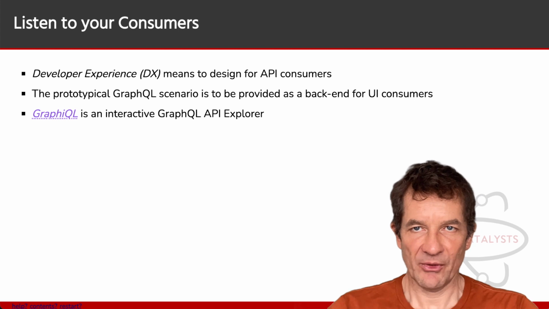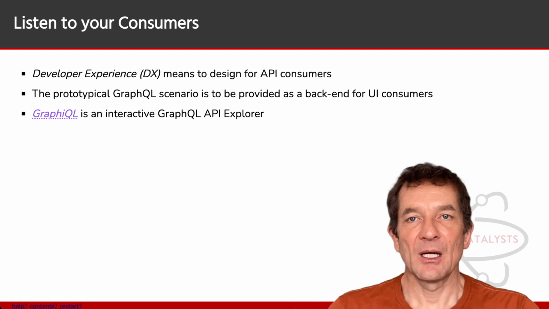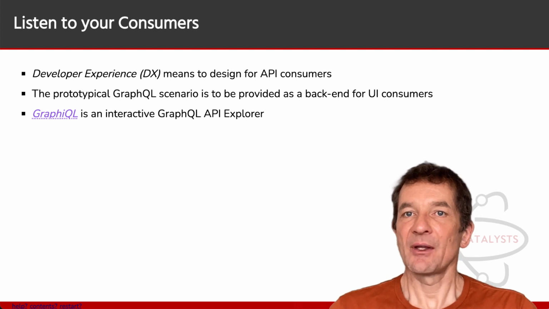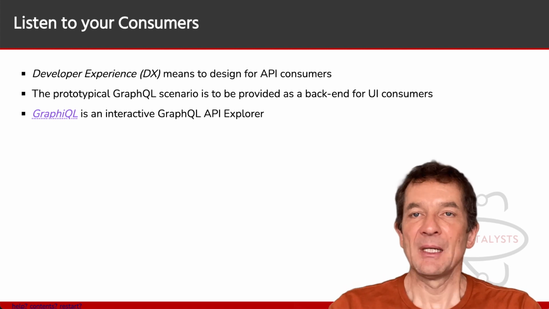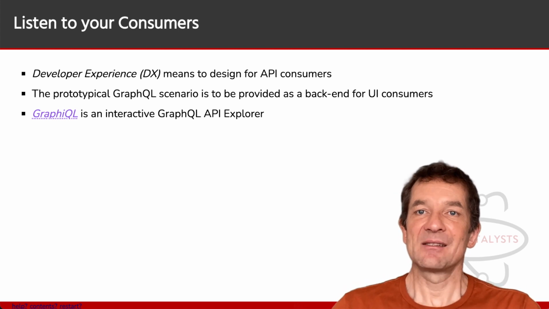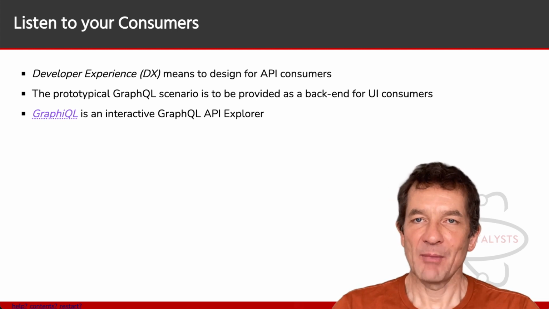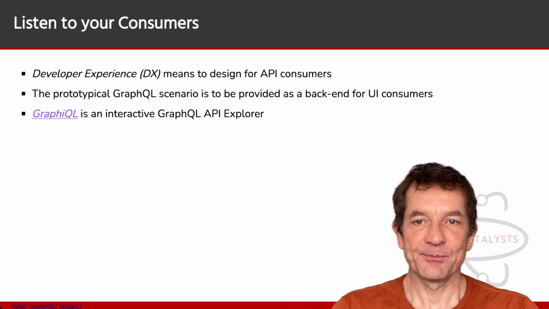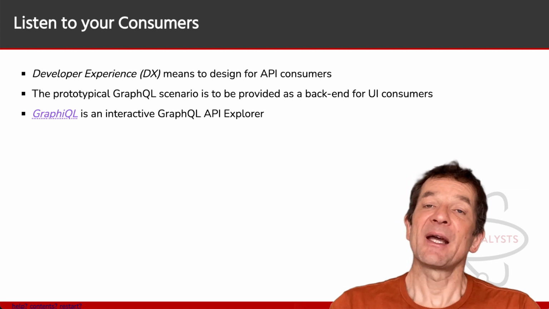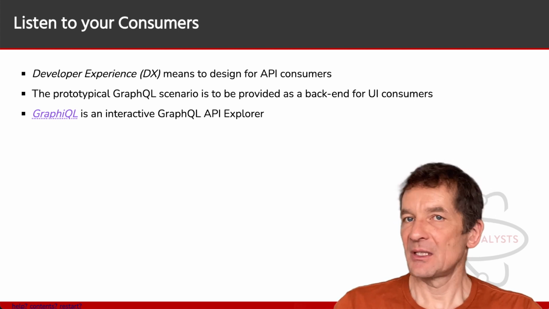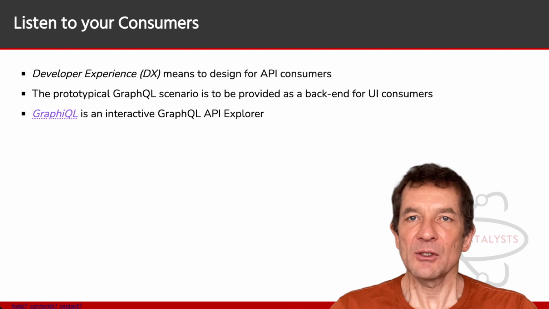You could also do it with REST, of course, but that's at least the one scenario that GraphQL has been designed for. So in that case, if you have these kinds of consumers, user interfaces, then maybe that's an interesting thing to look at.